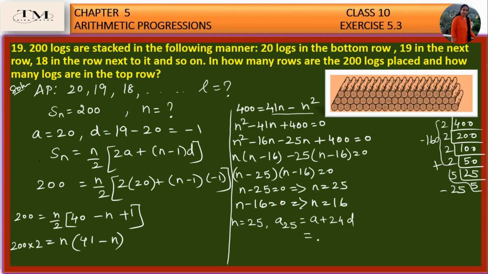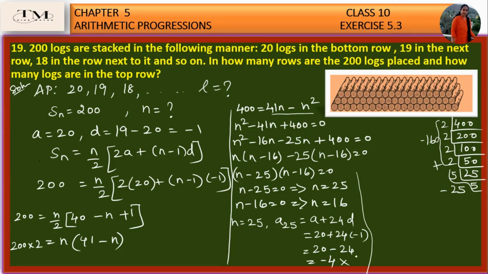What is a? a is 20 plus 24. What is d? It is minus 1. So it will be 20 minus 24, which is minus 4. So we cannot place minus 4 logs on top. So this is not possible.